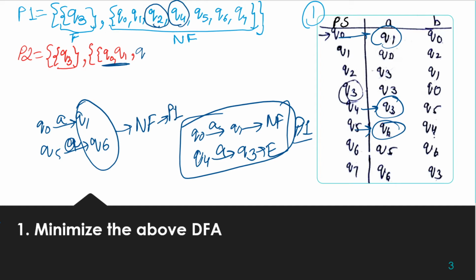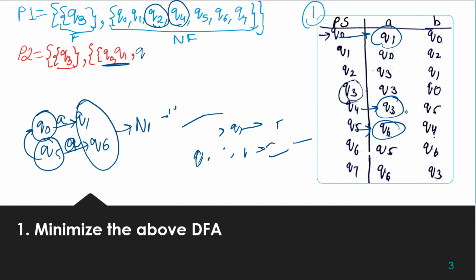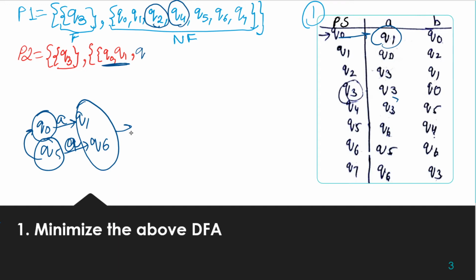So we can conclude that Q5 is compatible with Q0 for input symbol A. Now we can check the compatibility of Q0 and Q5 for input symbol B. Q0 for input symbol B is moving to state Q0, and Q5 for input symbol B is moving to state Q4.